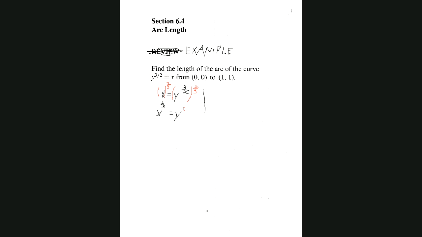I mean, we're restricting ourselves from the origin to (1, 1). So the curve's going to look something like this. And it goes in this direction.